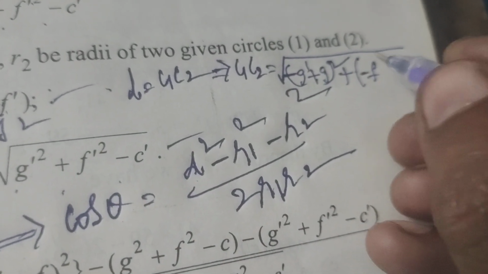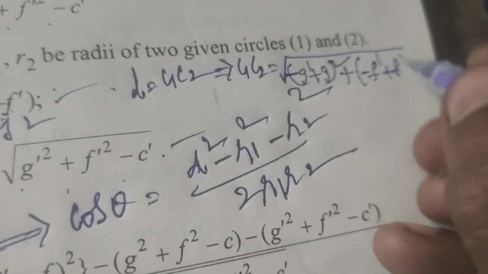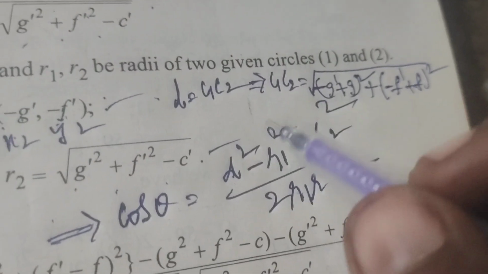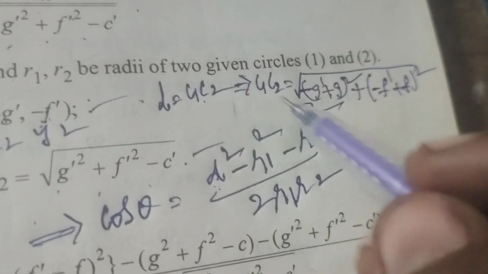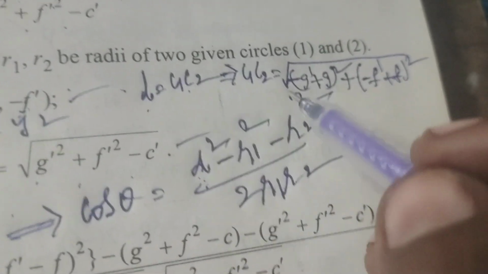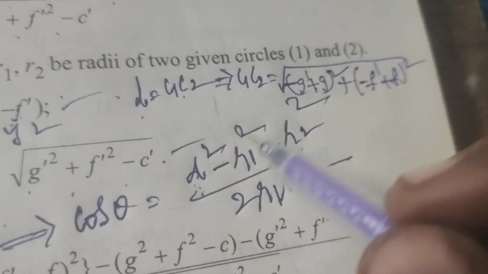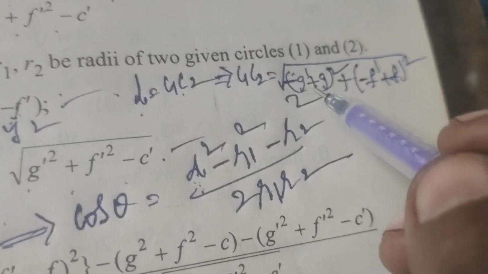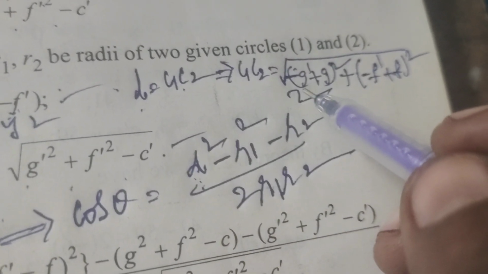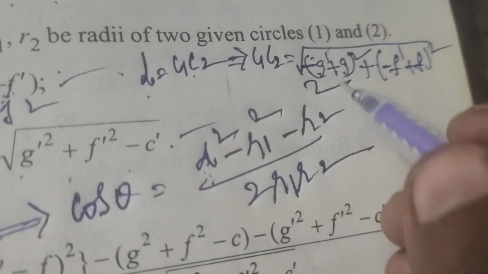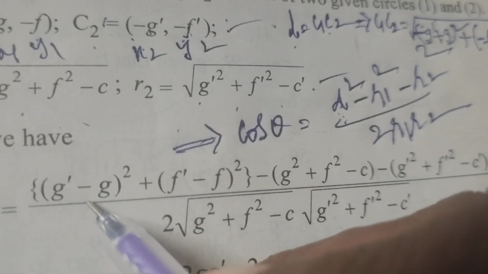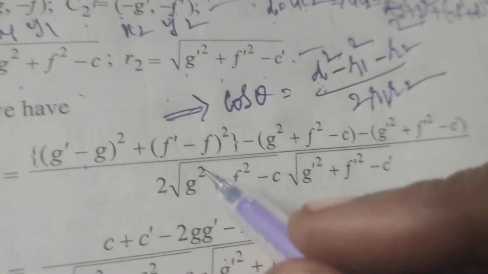We want d square, so the square root gets cancelled. Then there is no root here: g' minus g whole square, then f' minus f whole square.